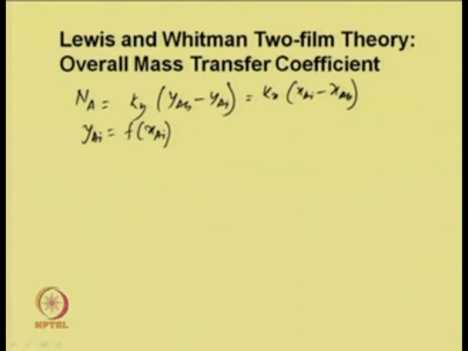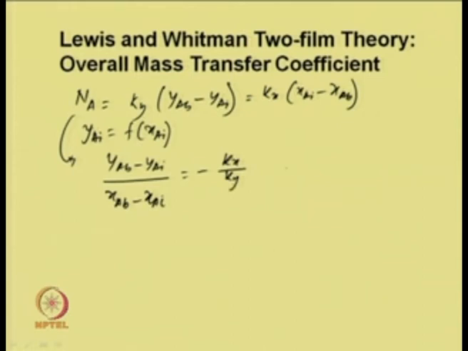So, equilibrium exists, and from this we can obtain (YAB minus YAI) divided by (XAB minus XAI) is equal to minus Kx by Ky.